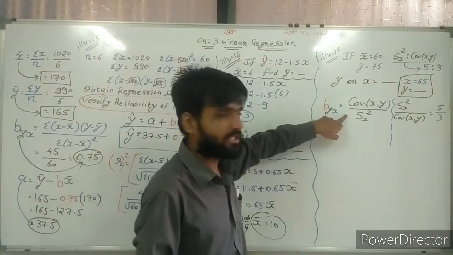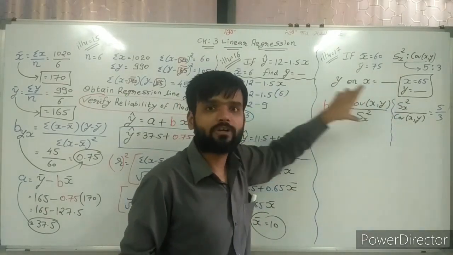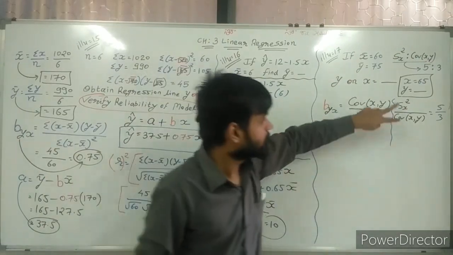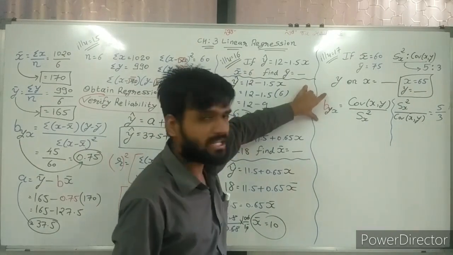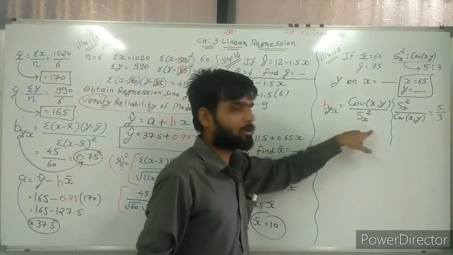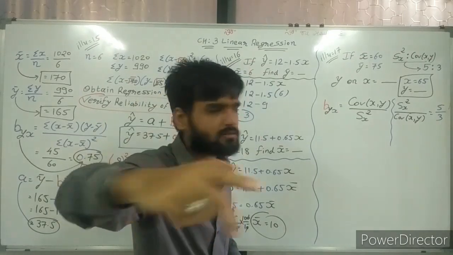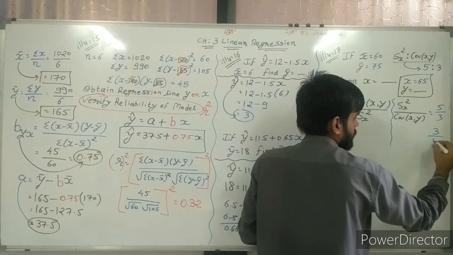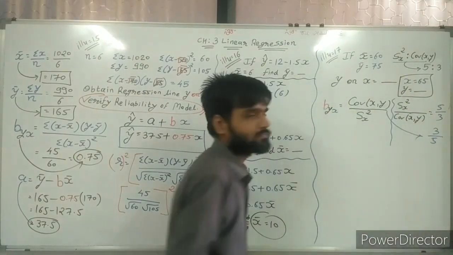Now actually what we need is the exact reverse, the inverse of it. Because here sx square upon covariance of xy is given, but we need the covariance of xy upon sx square. Don't worry. Inverse it. Find 3/5. Then it becomes this value.